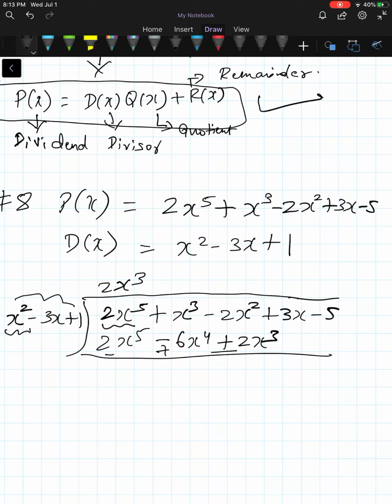Now do the proper division process, that is, subtract the lower row from the upper row. This is 0, but here you have 6x to the power of 4 and x cube, which are not like terms, so retain them below as they are.